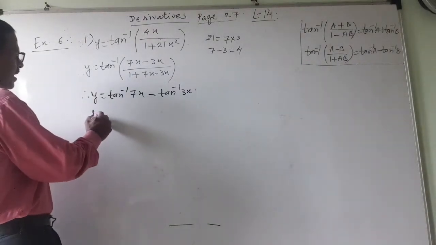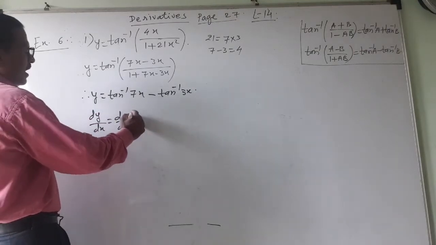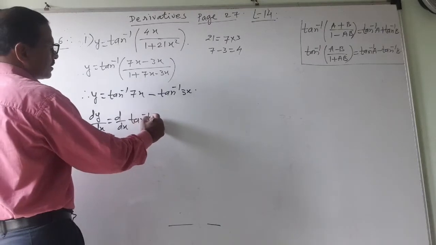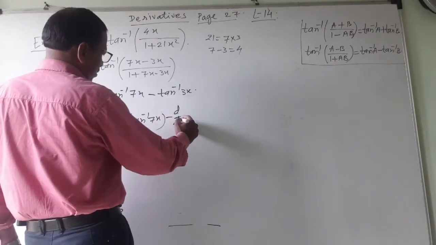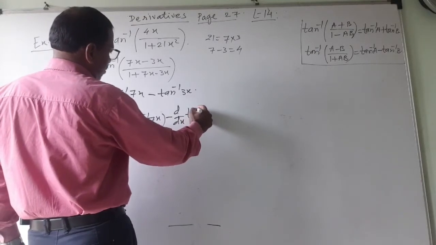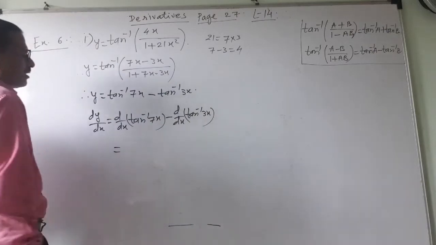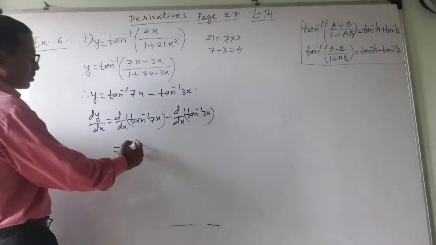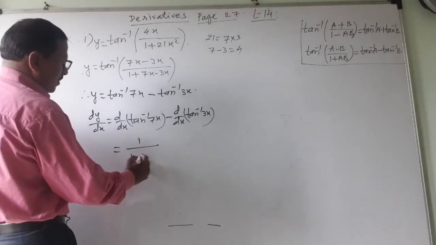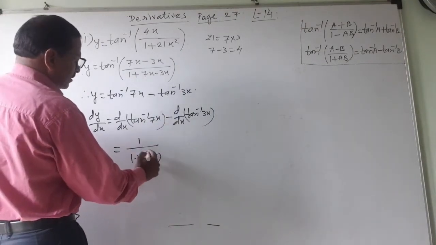Now dy by dx is equal to d by dx of tan inverse 7x minus d by dx of tan inverse of 3x. That is equal to, derivative of tan inverse is 1 upon 1 plus x square. At the place of x it is 7x, so 1 upon 1 plus (7x) square.